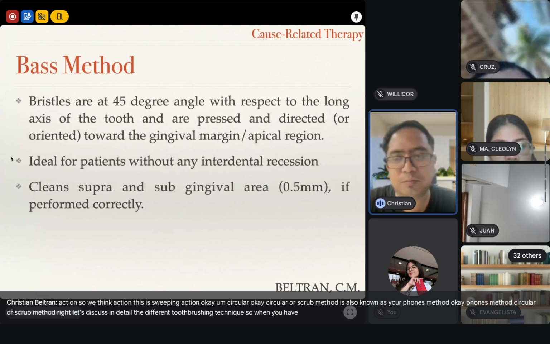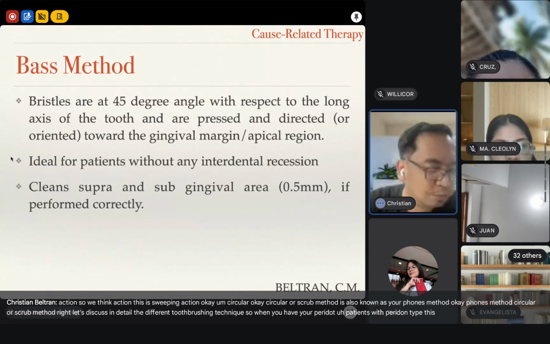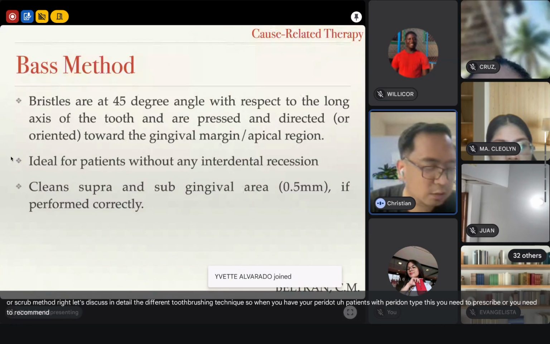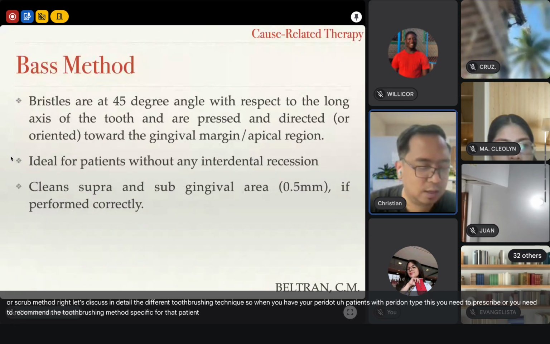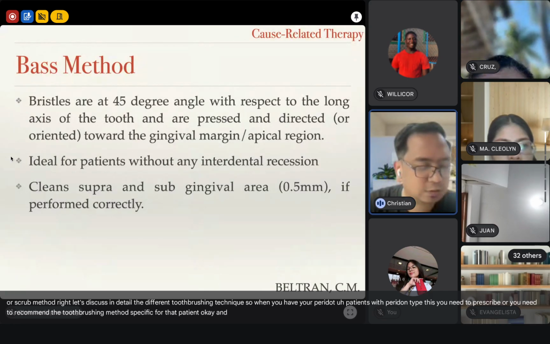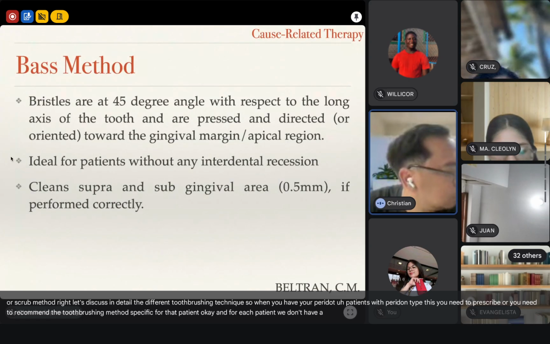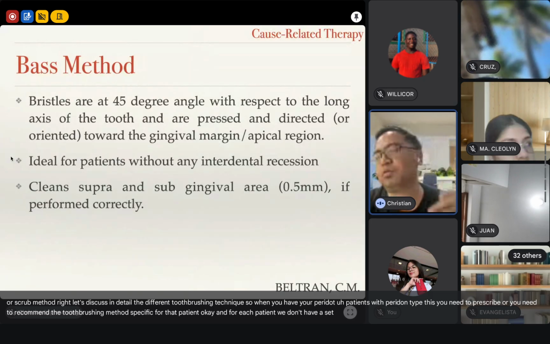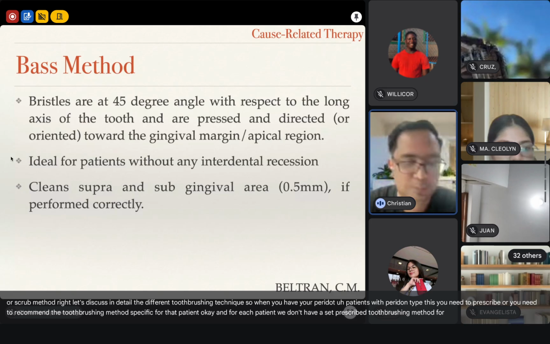So when you have patients with periodontitis, you need to recommend the toothbrushing method specific for that patient. Okay. And we don't have a set prescribed toothbrushing method for all the patients.